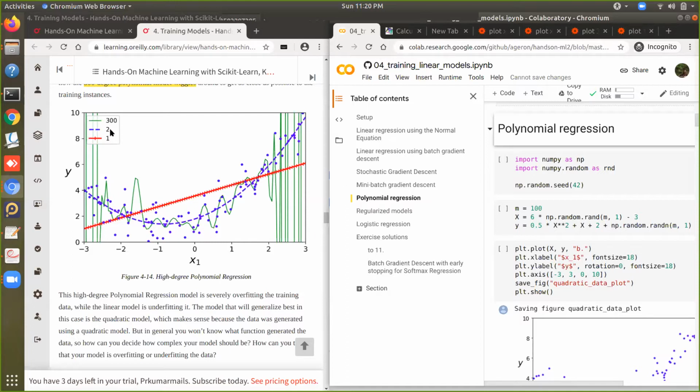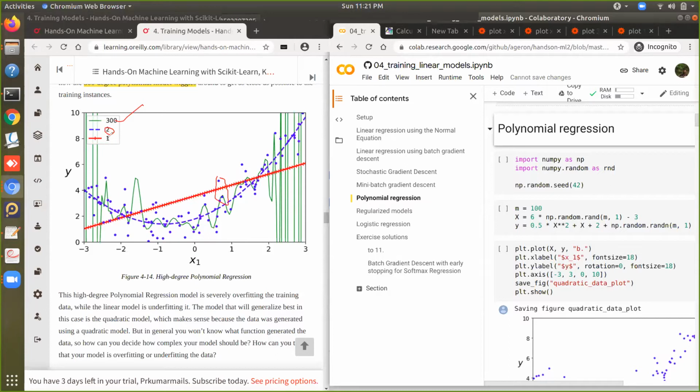In case of 2, we will have somewhat better inference than the 300-degree. But whether it is underfitting or overfitting is trial and error that we have to visually explore.